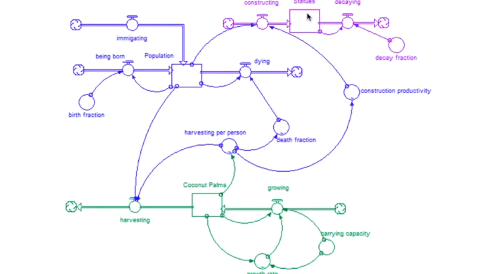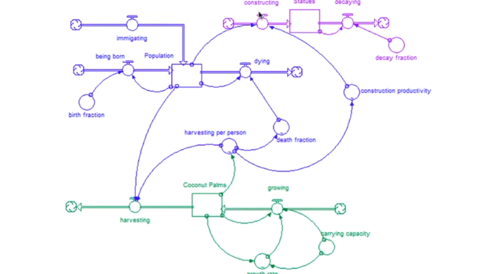So let's analyze the statues. In the statues, the flow of decaying is dependent on the stock, and it also depends on the decay fraction. That means that in this case, we have an exponential behavior, and we are able to identify it.